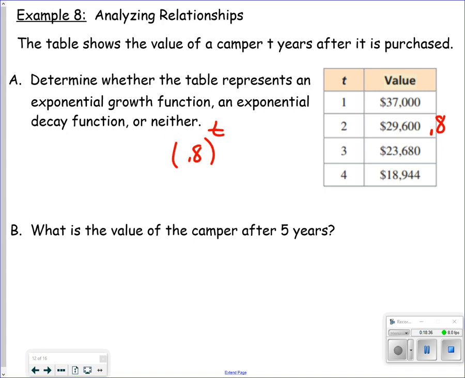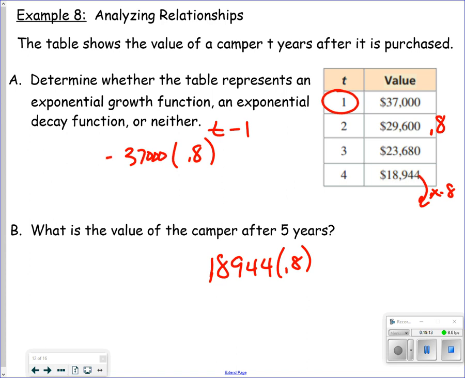And how much does it start off with? It's starting off with... so what would the next number be if I multiplied by 0.8? So if I took 18,944 times 0.8, it's a little harder for me to write my model here because it's actually 1 minus r raised to the t minus 1, because the starting value is at the first year, which messes things up just a little bit.